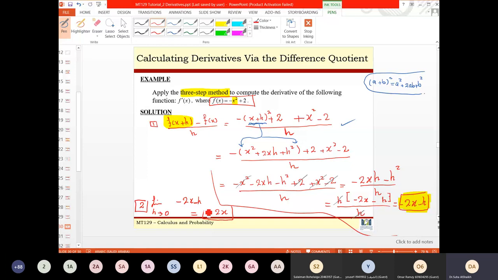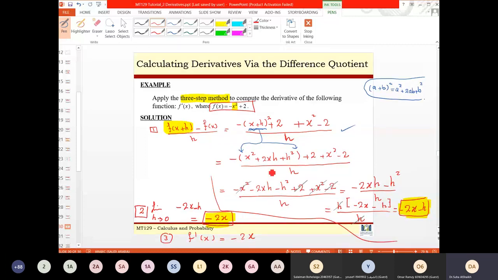Step number 3 is letting f dash x equal to minus 2x and this will be the result. فهذه 3 steps. Those are the 3 steps to find the derivative. Okay?